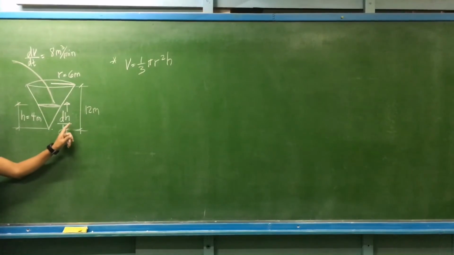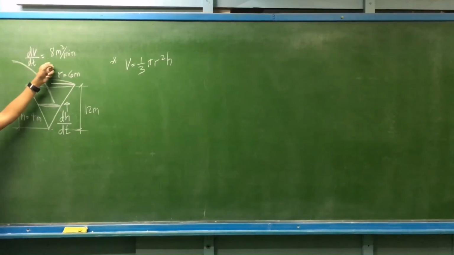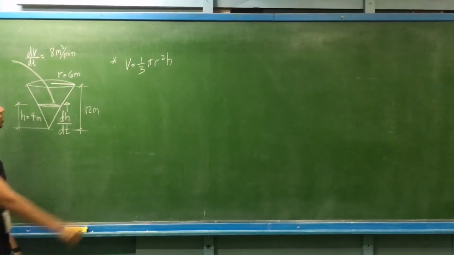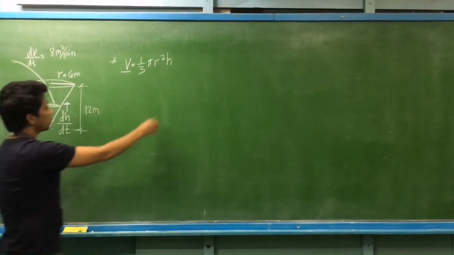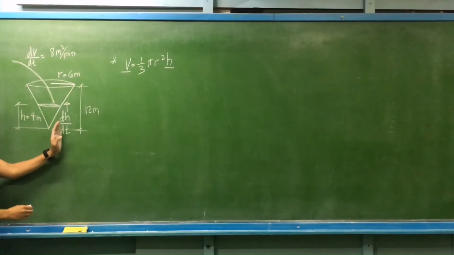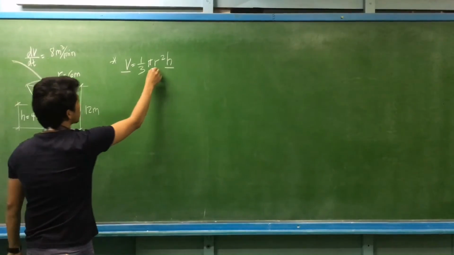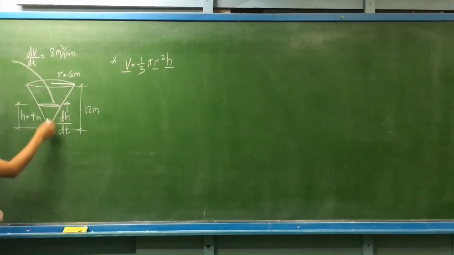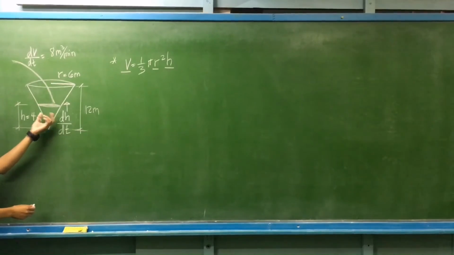So we are looking for the change in height of water as we increase the volume. The volume is variable, nagbabago yung volume niya. The height is also variable since we are adding water, the water level rises. How about yung radius? The radius is also increasing per surface of water.